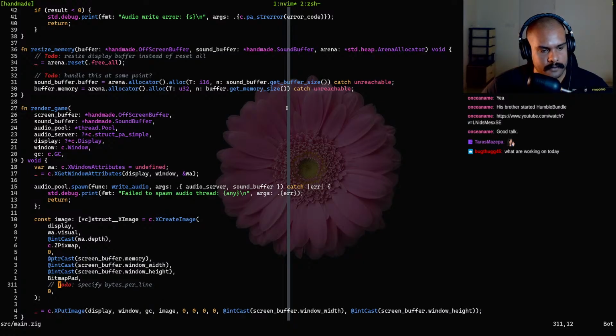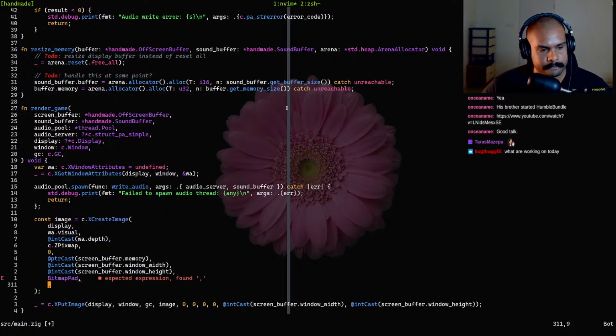Bytes per line should be the screen buffer, the width times size of U32.